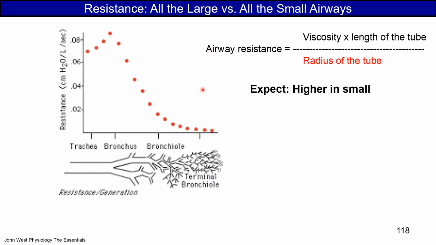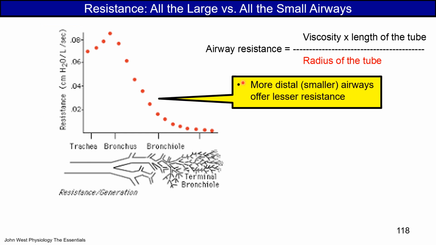Here is a graph which will try to answer which offers a greater airway resistance, the large or the small airways. In the x-axis is the trachea, the bronchus, and the bronchioles, and the y-axis is the resistance offered. Notice, contrary to our expectation, the more distal or smaller airways offer less resistance.